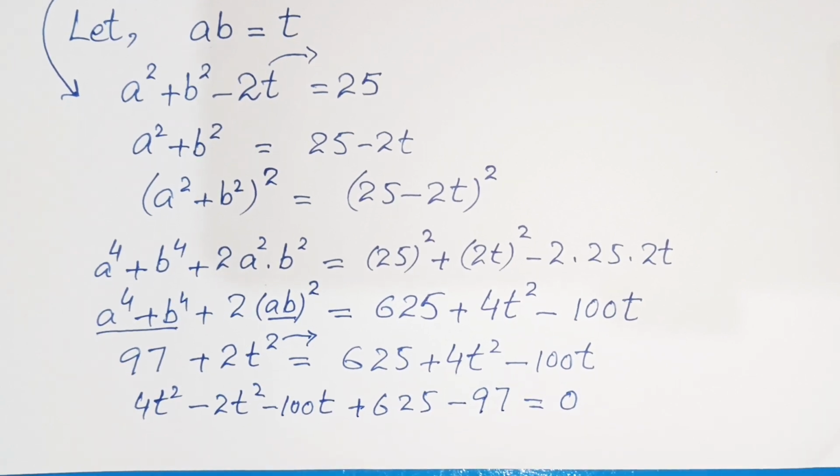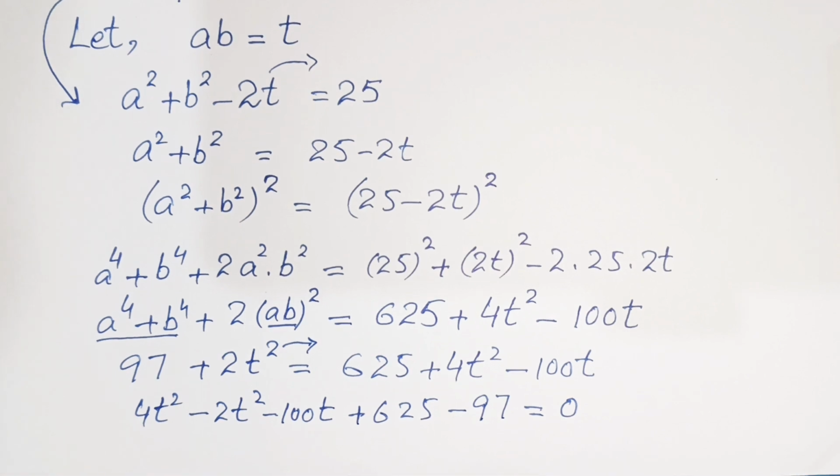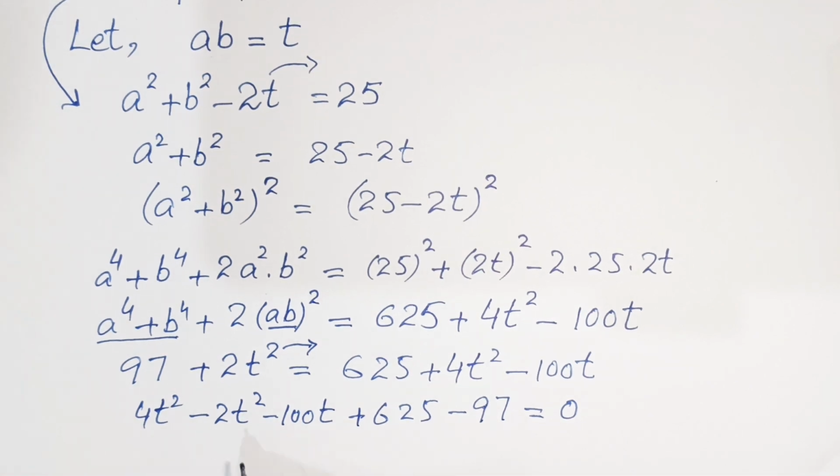Now our next step will be, here we have that 4t squared minus 2t squared is 2t squared. Here we have minus 100t, and 625 minus 97, we get 528, which is equal to 0.